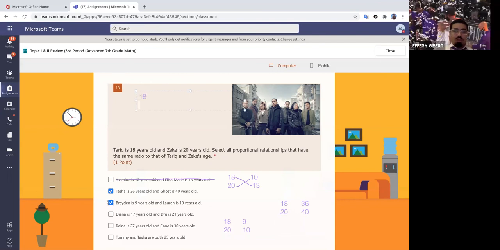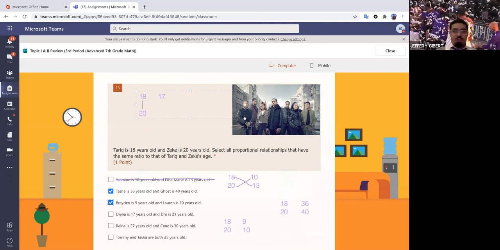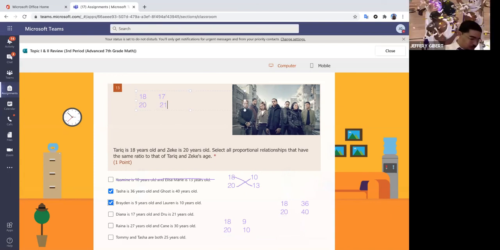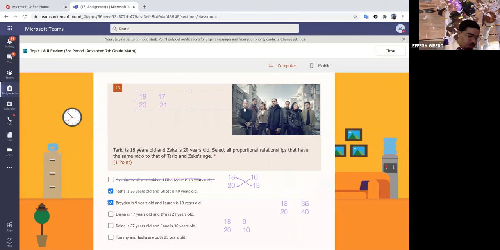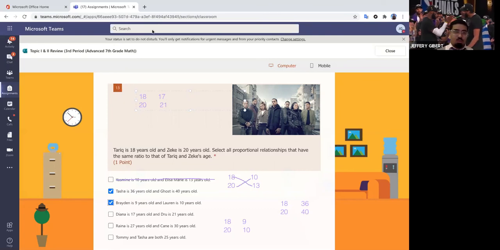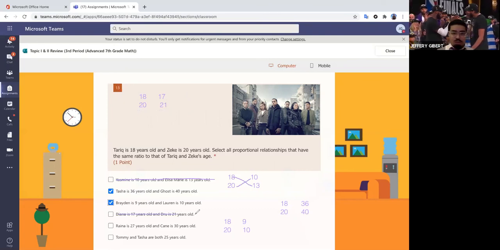Next, we can do 18 over 20 equals 17 over 21. So you do 18 times 21, that's 378, and 20 times 17, that's 340. So Khalees, is 340 equal to 378? Nope. So that one's not correct.